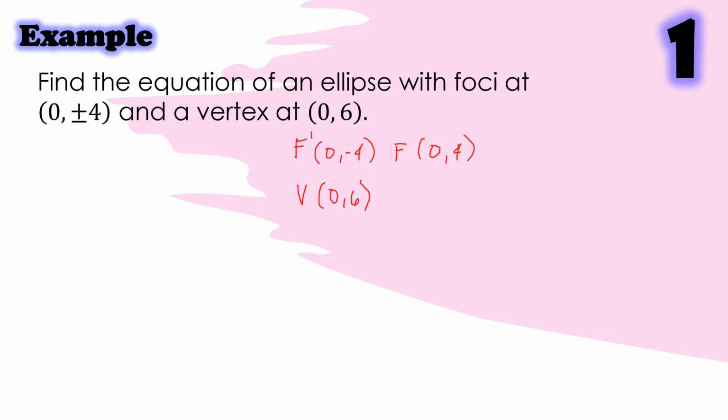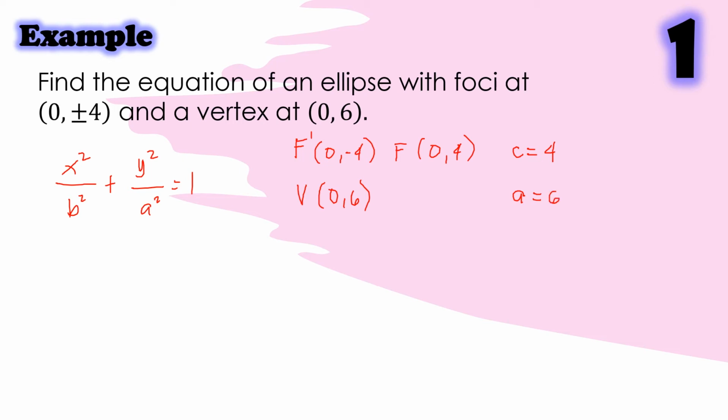Hence, we have the standard form of the equation as x squared over b squared plus y squared over a squared equals 1. And since the center is midway between the foci, we have c is equal to 4. And the vertex is at 0, 6. Then we have a is equal to 6.